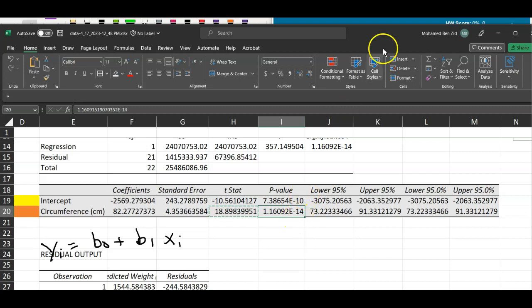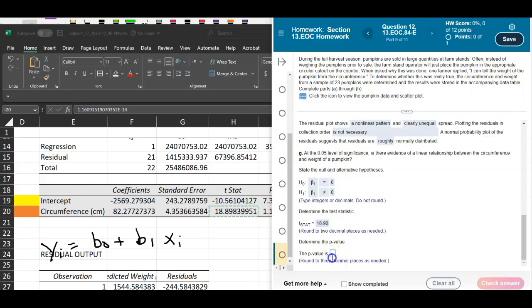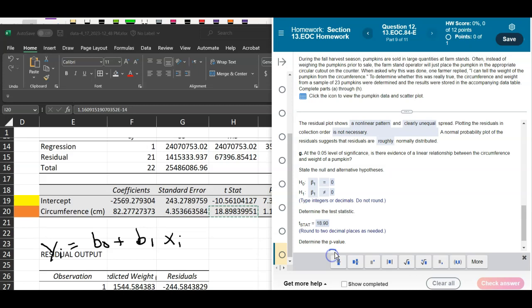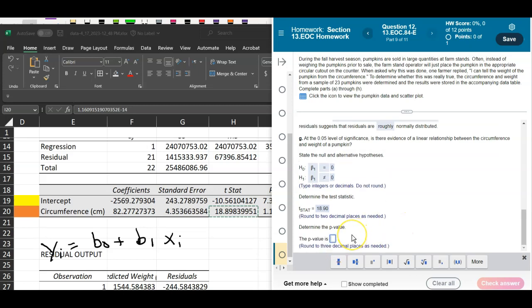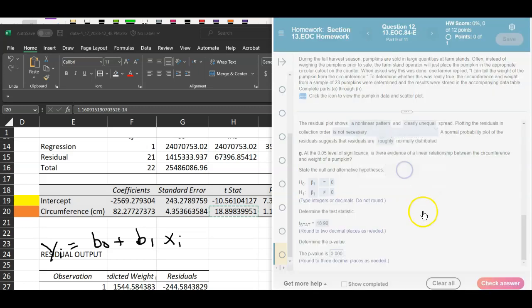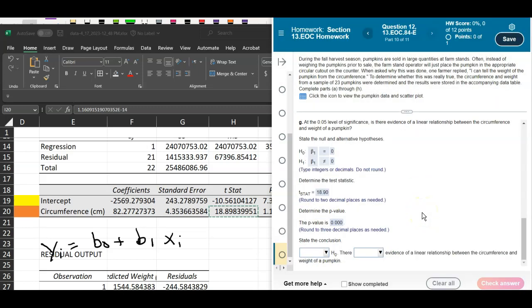So e to the minus 14 is 0. So here I'm going to type in 0.000, and that's actually what we want, right? So we're going to make a decision about this. So check, great.